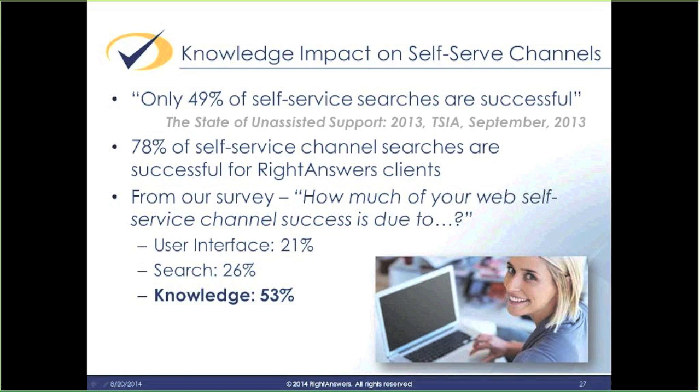And 21% say, well, it's because we've got a great interface. 26% say, the search is awesome. It brings me back the right things when I'm looking for them. And over half of the people attribute it to the knowledge, and the knowledge base being current, accurate, clean. And those are 3 important things. So think about how much knowledge can have an impact on your organization.